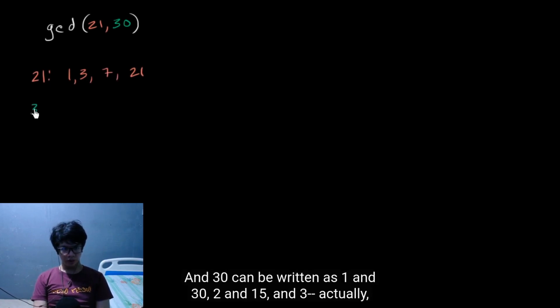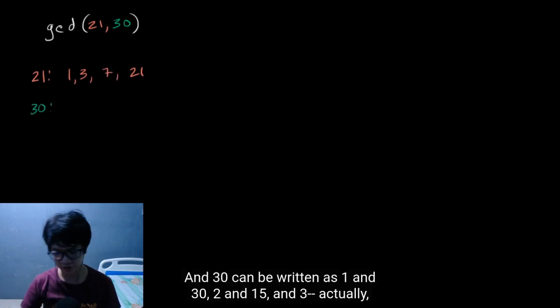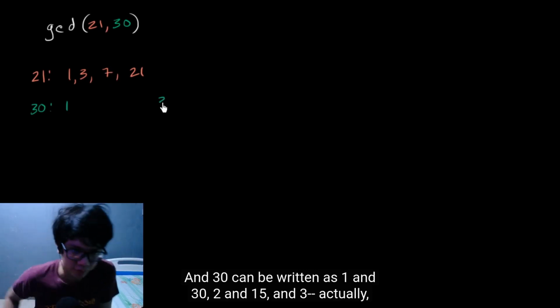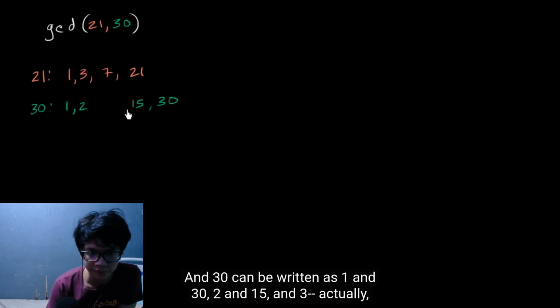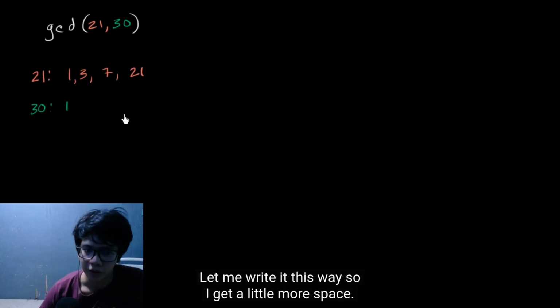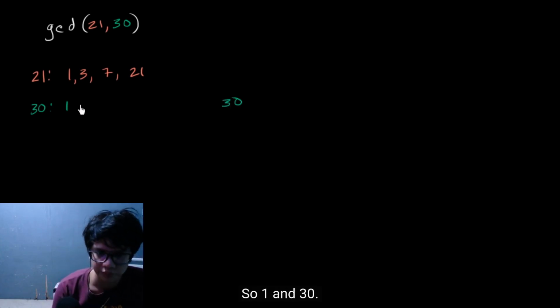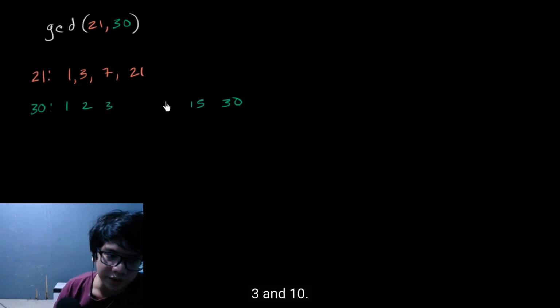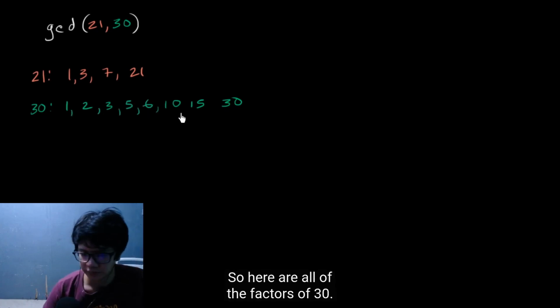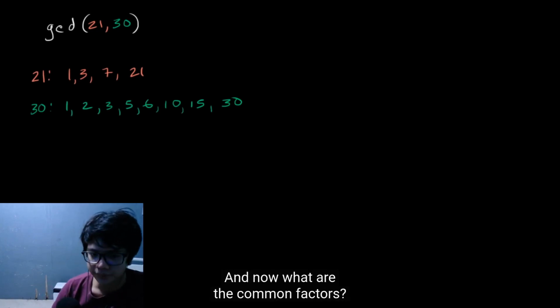And 30 can be written as 1 and 30, 2 and 15, 3 and 10, and 5 and 6. So here are all of the factors of 30.